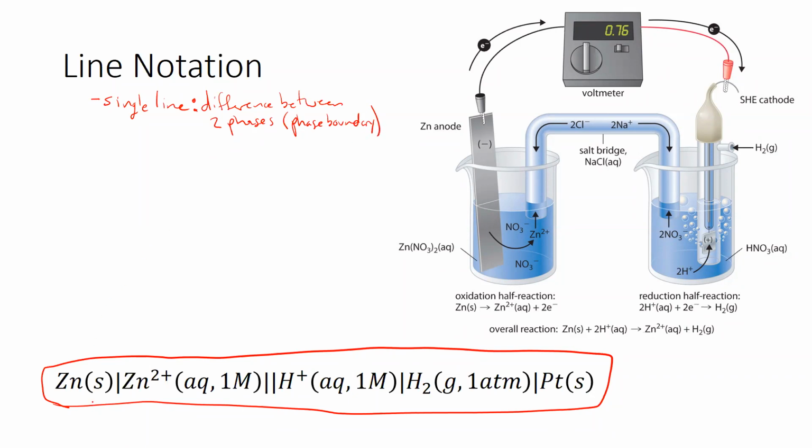In this case, you can see zinc solid, and then aqueous zinc, so there's a line that separates the two right here in the middle. That's representing our phase boundary.